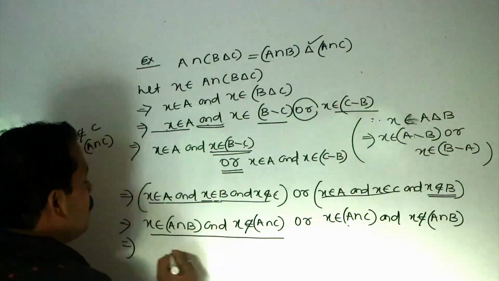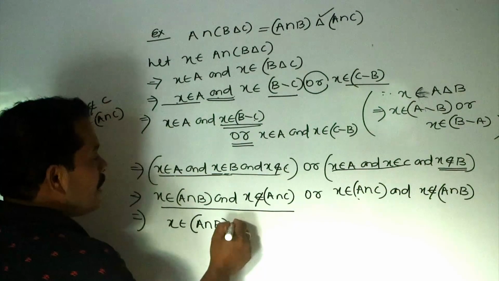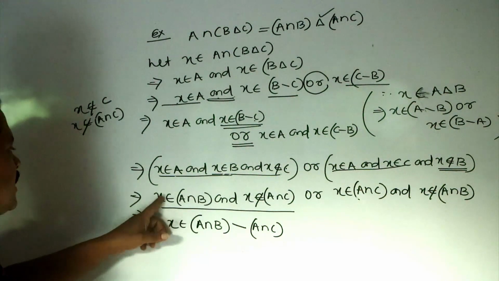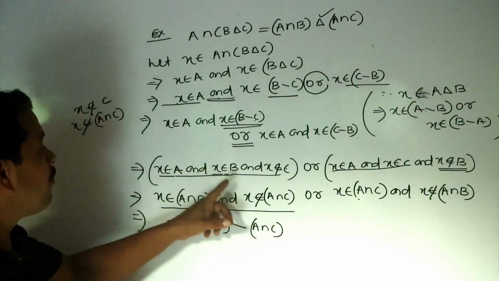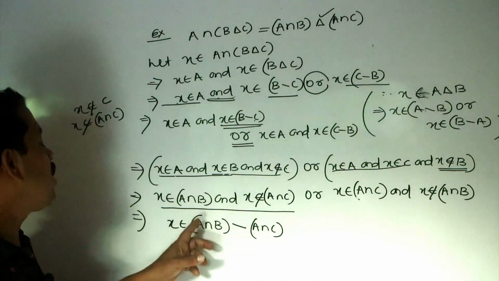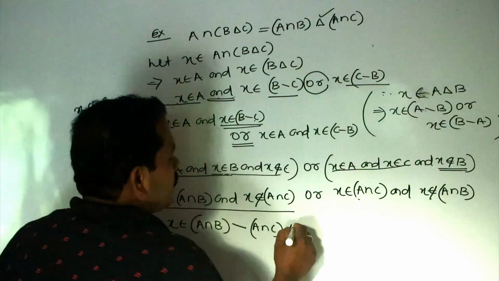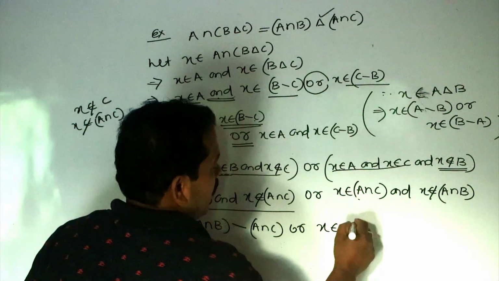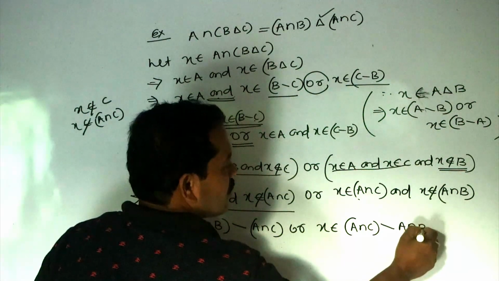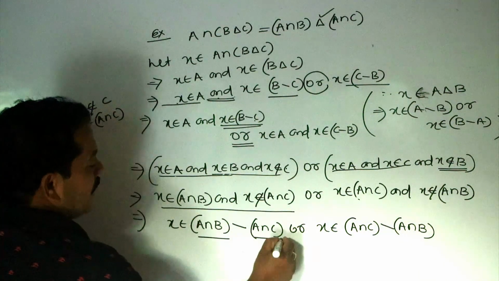Now for this we can write x belongs to A intersection B difference A intersection C, because x is an element of A intersection B but not an element of A intersection C. That means x is an element of A intersection B difference A intersection C. Or x belongs to A intersection C difference A intersection B. Suppose this is x and this is y.